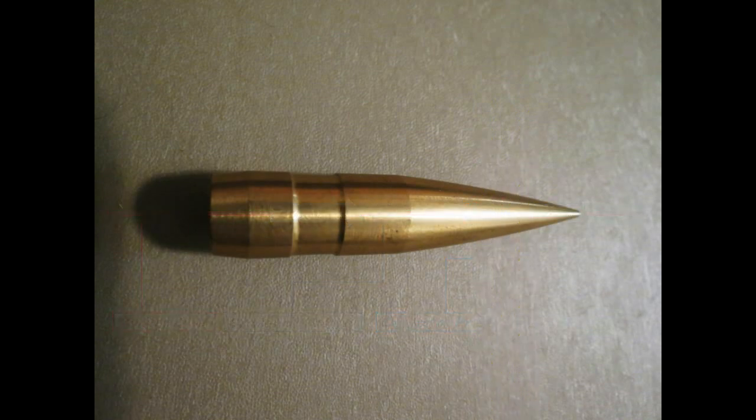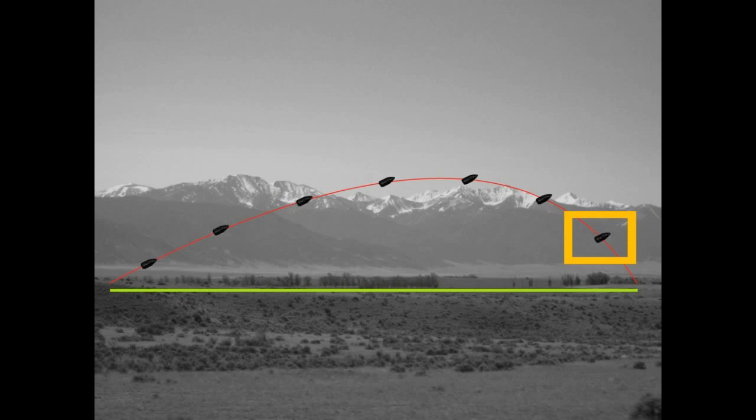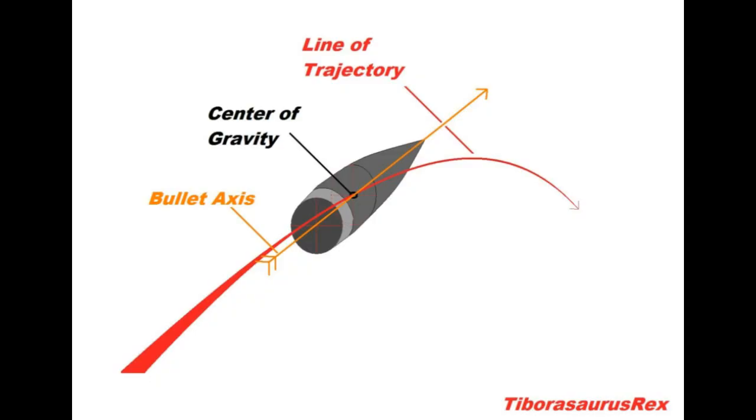So you've got to take into effect the arc of the trajectory, and in order to create a nice even flow on both sides, there's going to be a downforce. This is called a weather vane effect, and this is acting on the center of pressure. It's not acting on the center of gravity, or what we call the center of mass of the bullet. This is acting on the center of pressure located in front of the center of gravity.